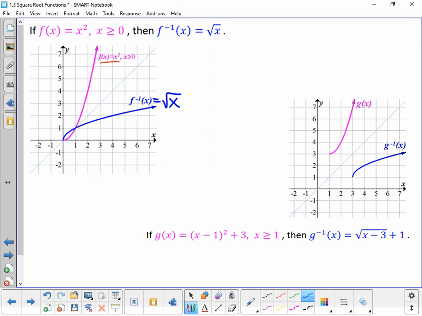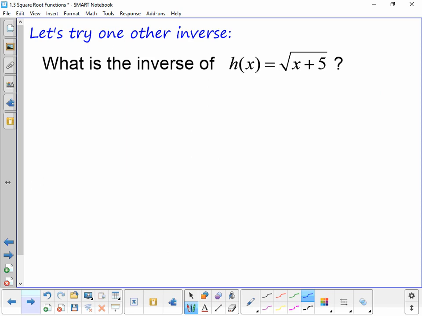And g of x in this case was x minus 1 squared plus 3, with a domain restriction that restricted it to just half of that parabola, and the inverse of that, which we just found, is the square root of x minus 3, plus 1. So that's just showing you a visual of those two that we just calculated.